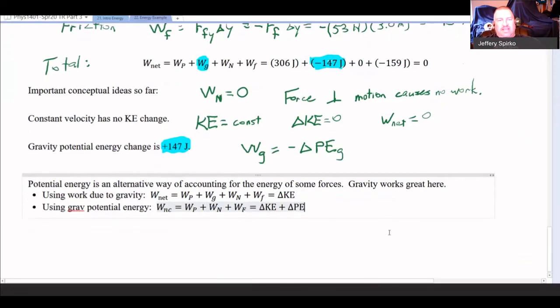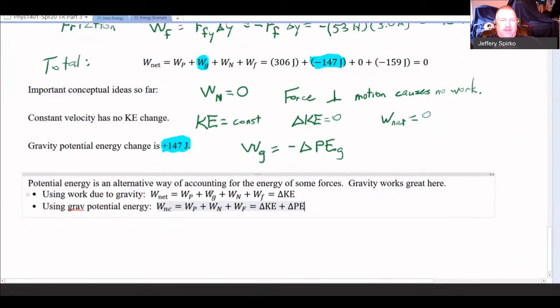So in a sense, we've taken this work due to gravity and subtracted it over to the other side of the equation and called it PE instead. So that is basically what happens when we're trying to figure out the relationship between energy and work for the exact same force.